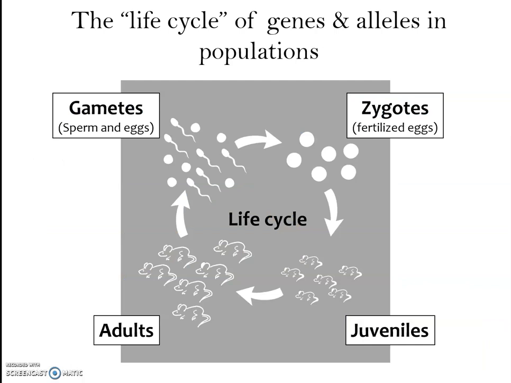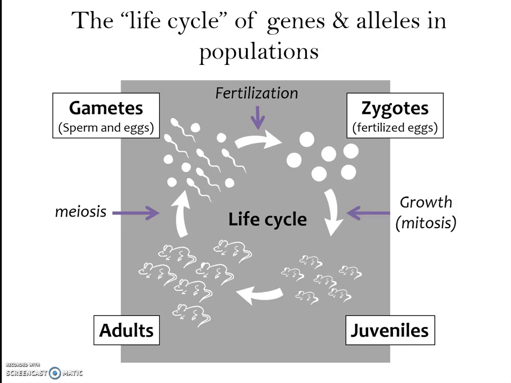All right, the last thing I want you to think about before this video stops is the life cycle of a population. We've talked about the life cycle of an individual. There's really nothing new here, but we're just scaling up. So we've got lots of adults undergoing meiosis to make gametes, our whole gene pool there. Within our gene pool, random fertilization. Zygotes are created.